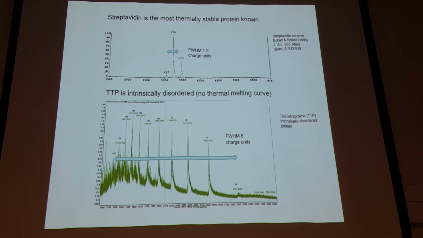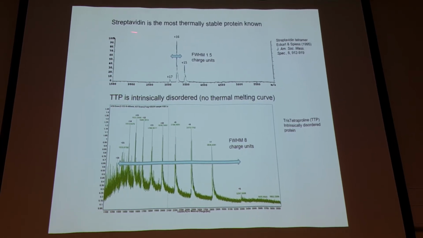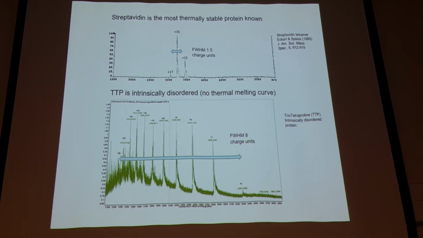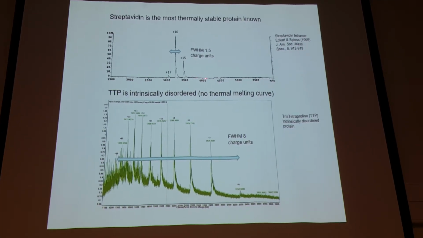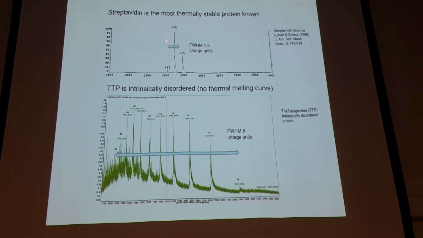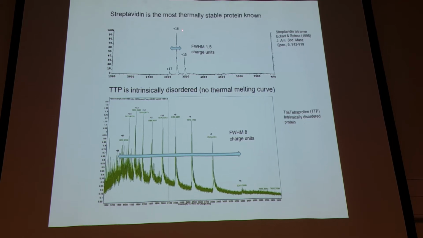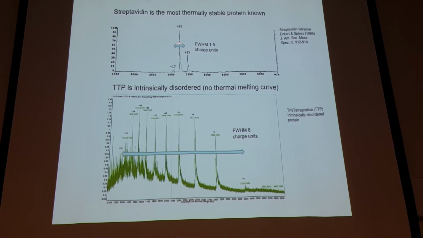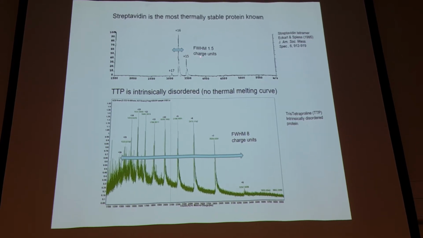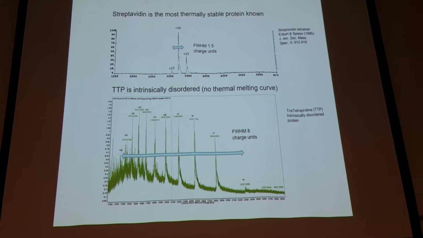I want to illustrate this with two extremes, okay? Here is an extremely thermally stable protein. Streptavidin is the most thermally stable protein known. This is its native spectrum. It was acquired several decades ago, and effectively there is almost one peak, just two for this one, but if we measure the width of that ion distribution, it's basically 1.5 charge units wide.